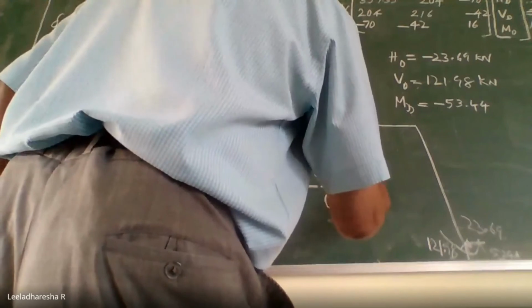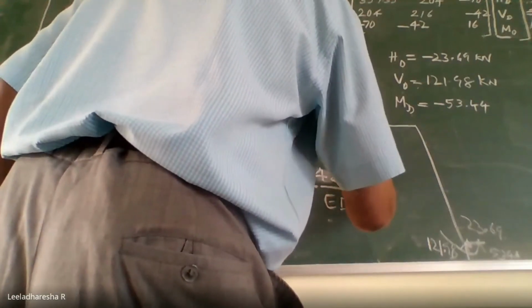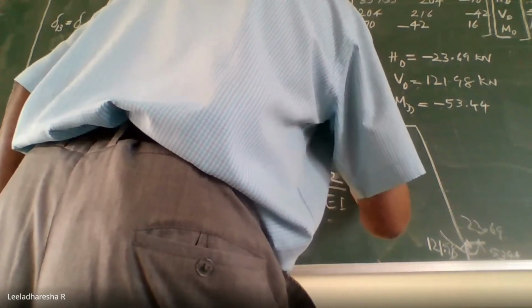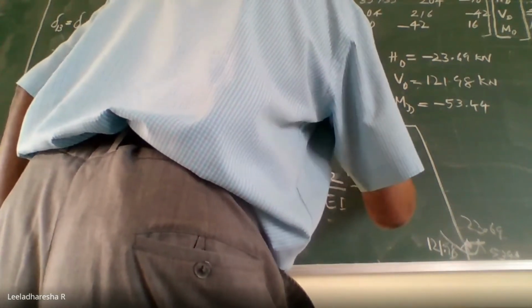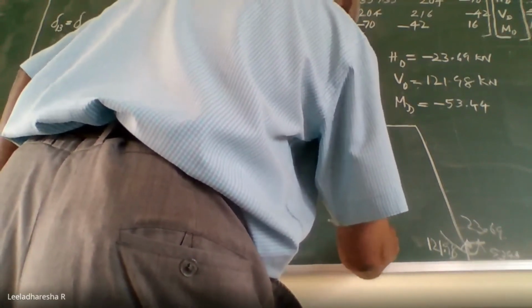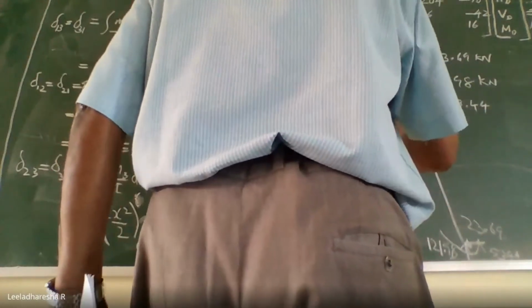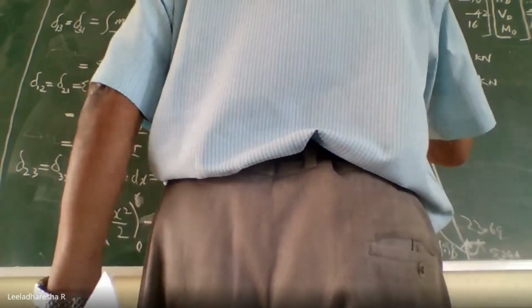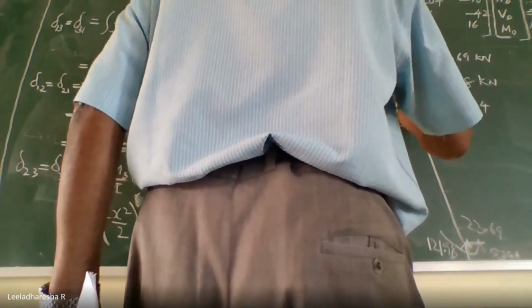The reactions HA, then VA and MA. I will assume some direction for MA. And UDL is of 40 kilonewton per meter.